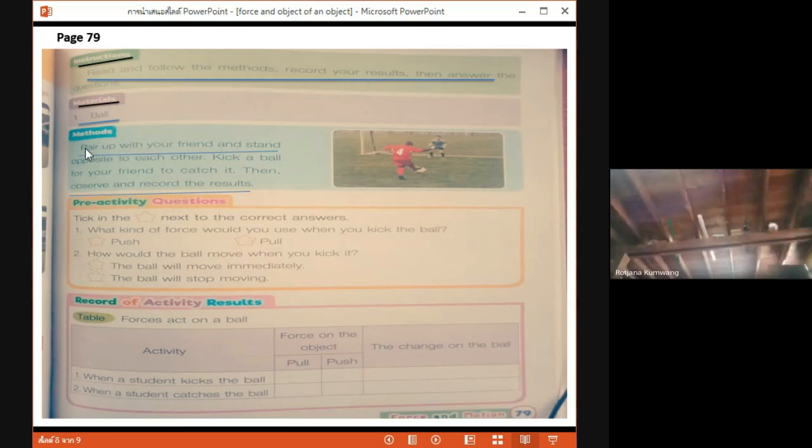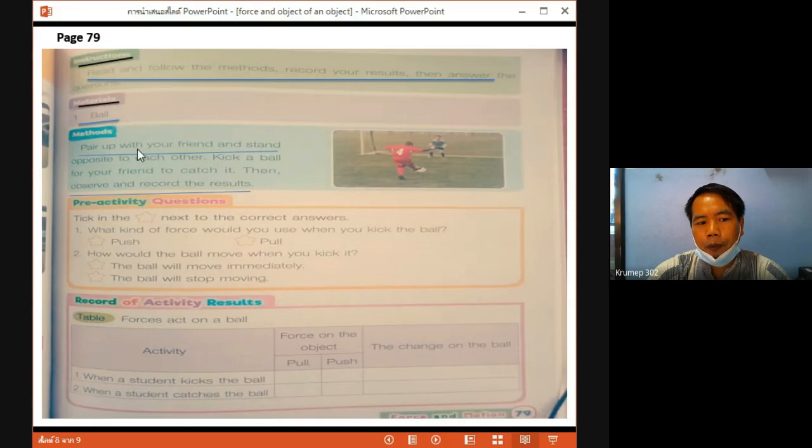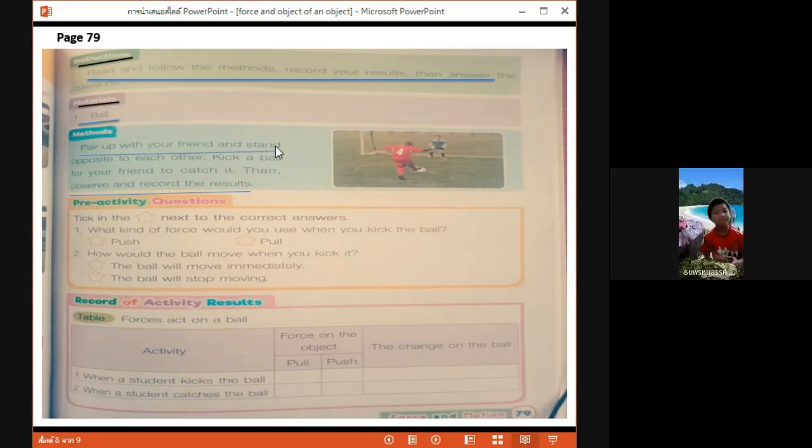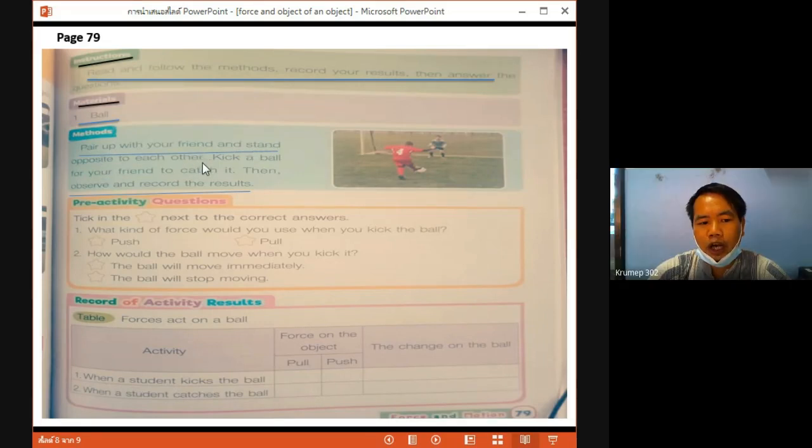Okay, so the method is to pair up with your friend and stand opposite each other. Imagine you are the one kicking the ball and your friend is standing in front.